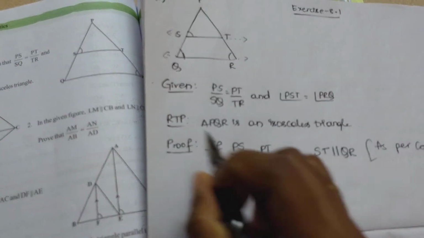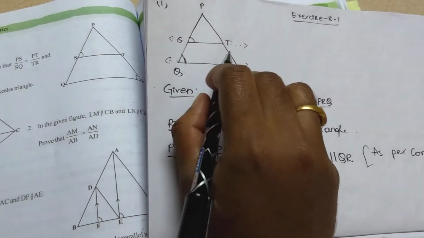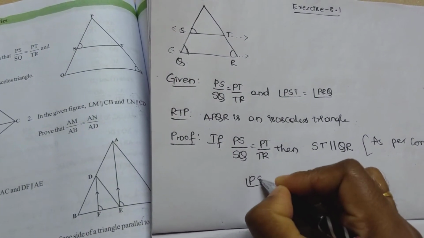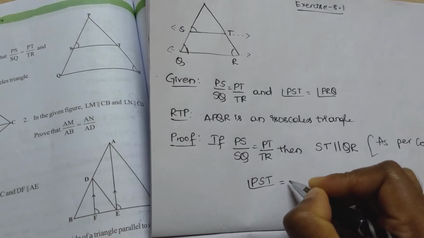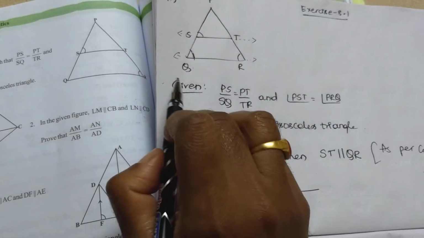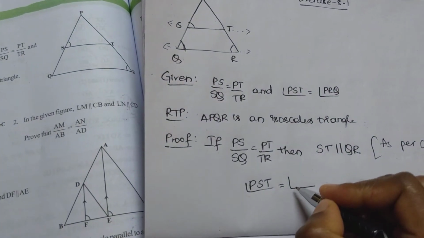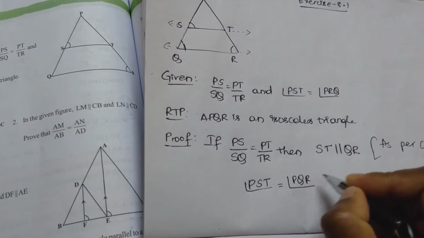Angle S can be written as angle PST, correct? And angle Q can be written as angle PQR. Angle PST equals angle PQR.